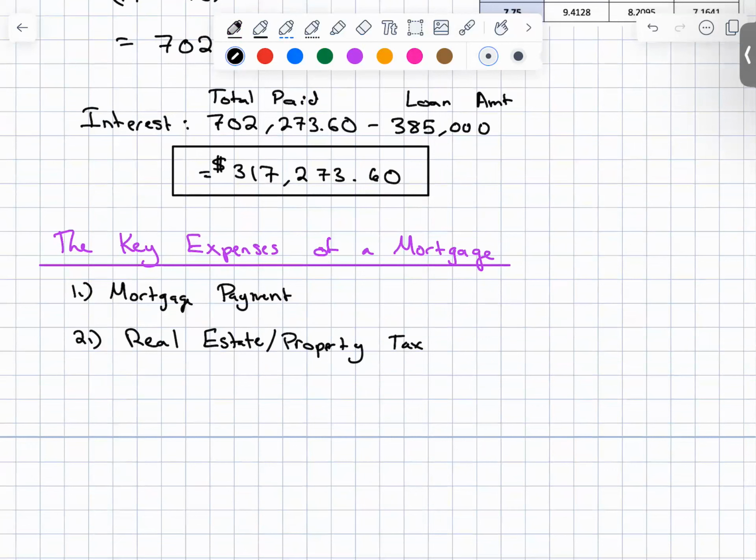And this, by the way, real estate tax or property tax is not based on your loan amount, because you usually have to put down money, like a down payment. But that's not how property tax is calculated. This is based on the actual price of the house, not the loan amount.